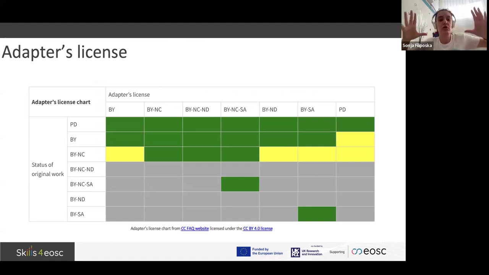And then for this new thing, which is yours, you need to define an adapter's license. This is why share alike is a very specific license in some cases: if the status of the original work is a share alike license, then the only license that can be provided for the adapter's license is also a share alike license, the same license, nothing else.